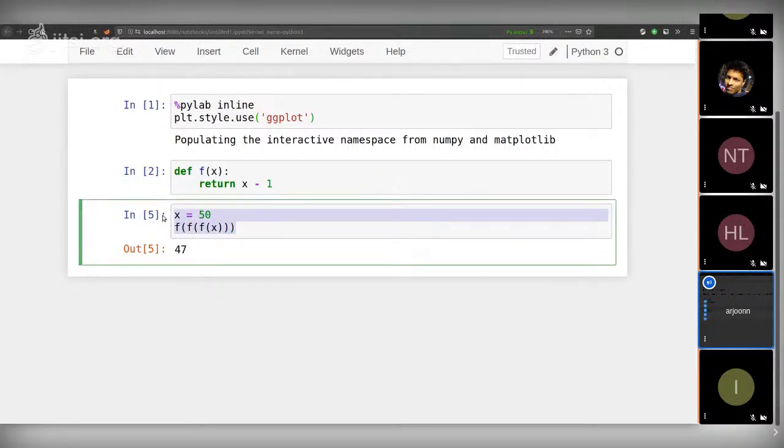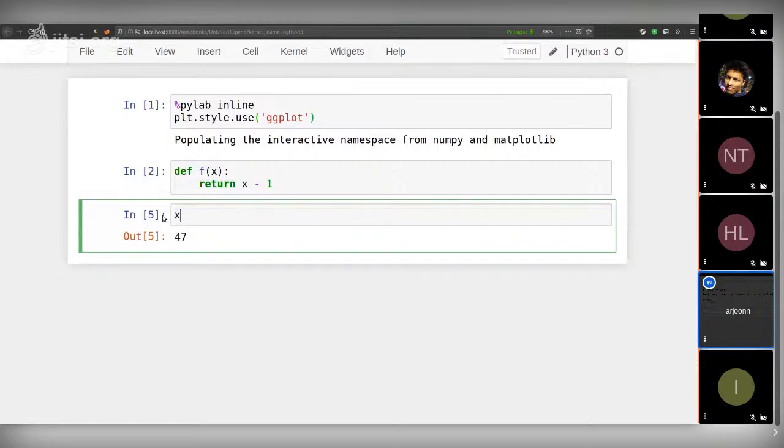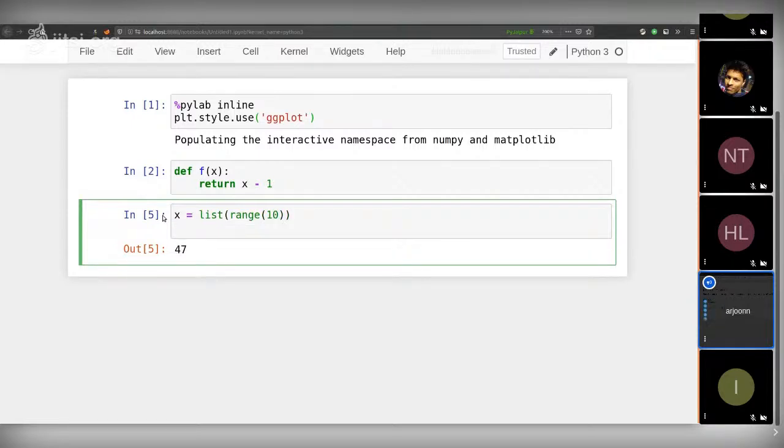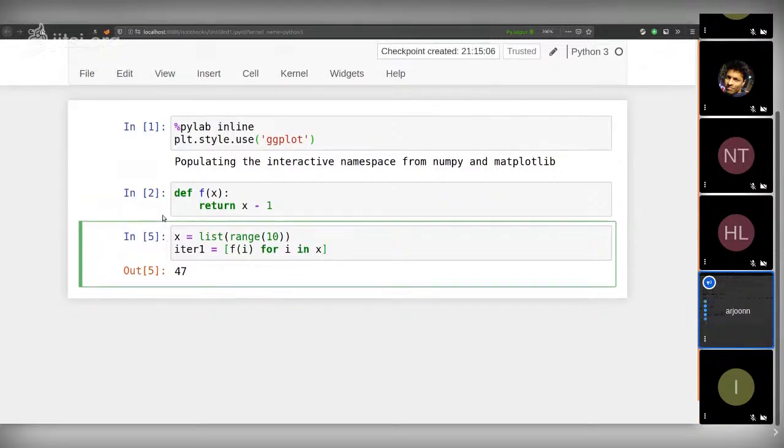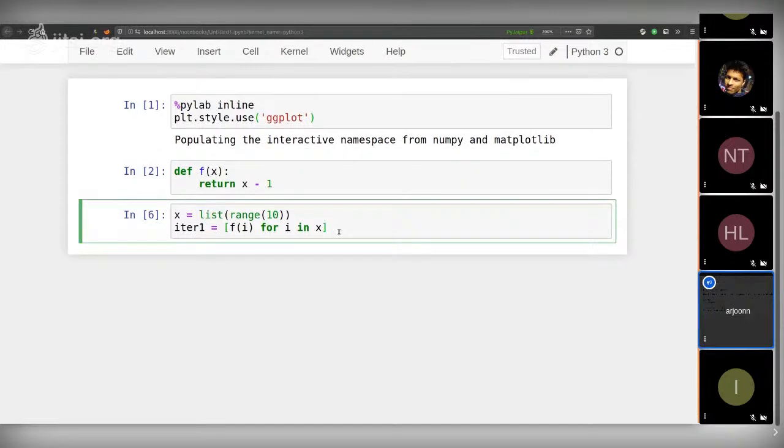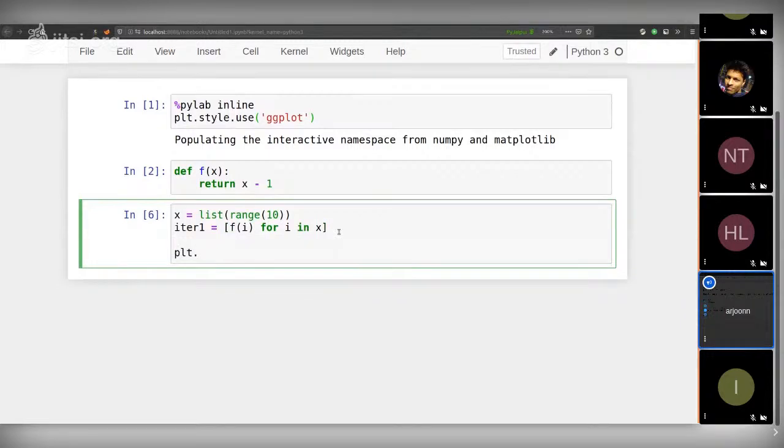So let's take the list range of the first 10 numbers, and iter1 is equal to f of i for i in x. So you apply this function to these numbers once, and then you do plt.plot of x and iter1.